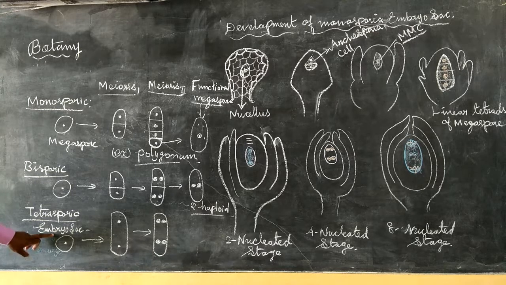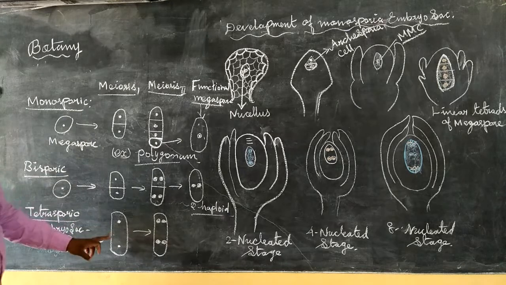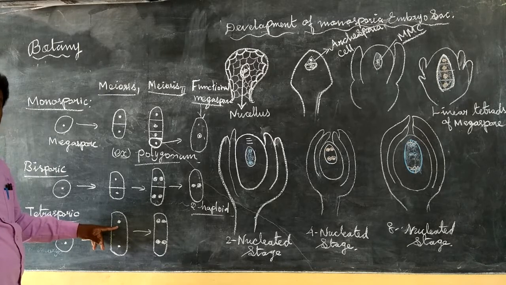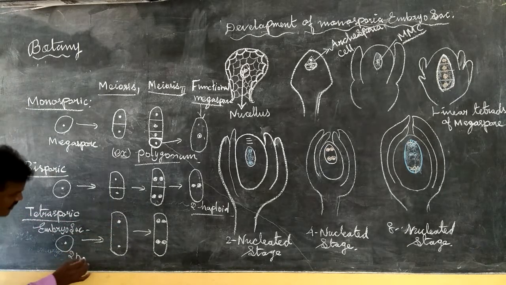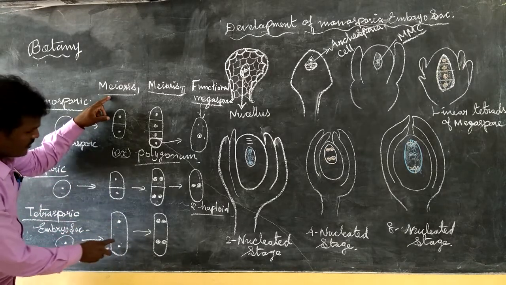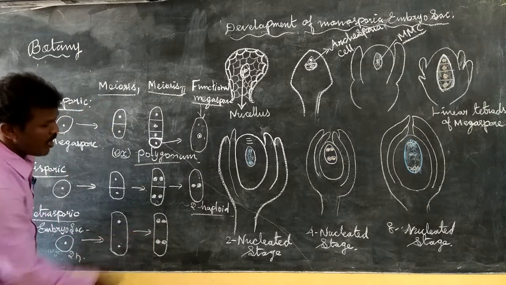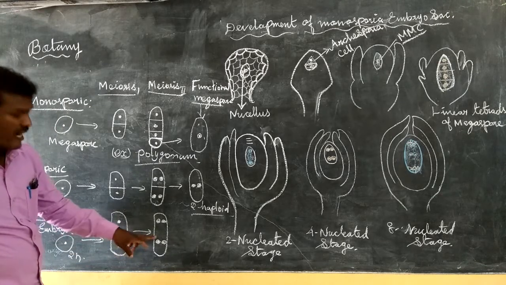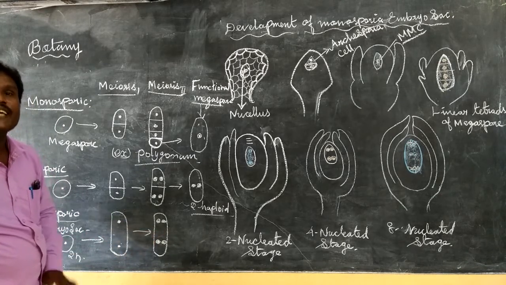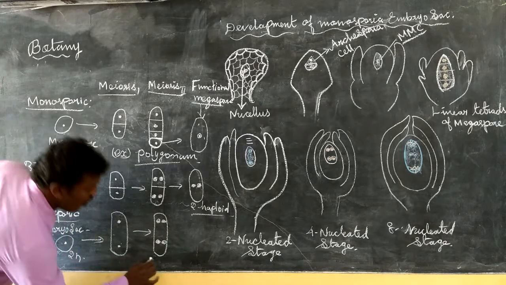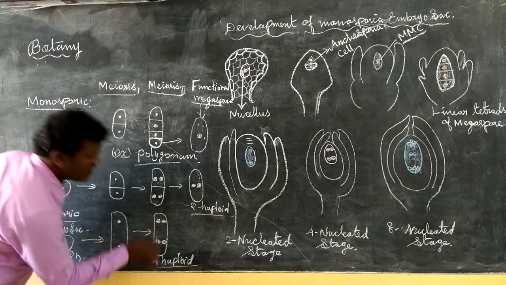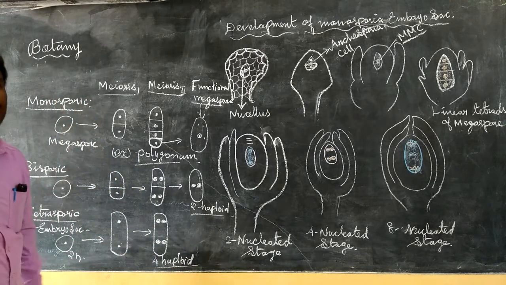Tetrasporic embryo sac means this megaspore mother cell undergoes meiotic division 1 to form 2 haploid cells. This is 2n, and this is meiosis 1. Then in meiotic division 2, it forms 4 haploid cells, but without forming the cell plate. Since you do not have the cell plate, all the 4 haploid cells are arranged in a single embryo sac.